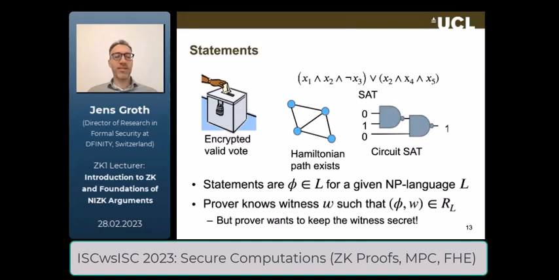Now I want to say that I also talked about special purpose cases, right? Do we have a hedge fund or an exchange that is solvent, or have we encrypted a valid vote, or anything like that? And those special purpose statements are also very important.